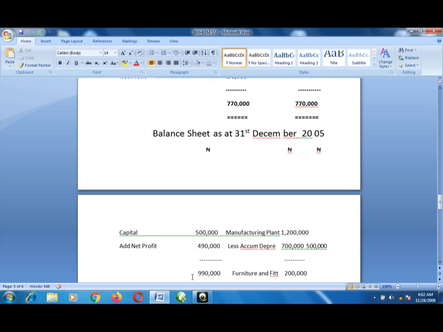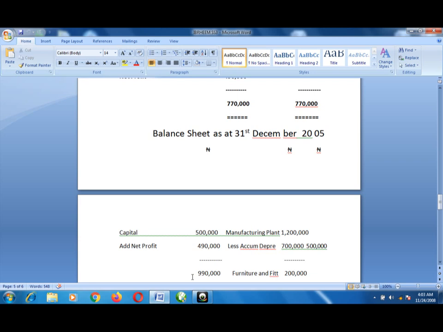Don't rely on your friend, rely on yourself, so that you'll be able to do everything perfectly. Because any slight mistake that affects your net profit will affect the next account that we are asked to prepare. They ask you to prepare the balance sheet at 31st December 2005, and this particular account will cross-check whether all your calculation from the beginning is totally correct or not.